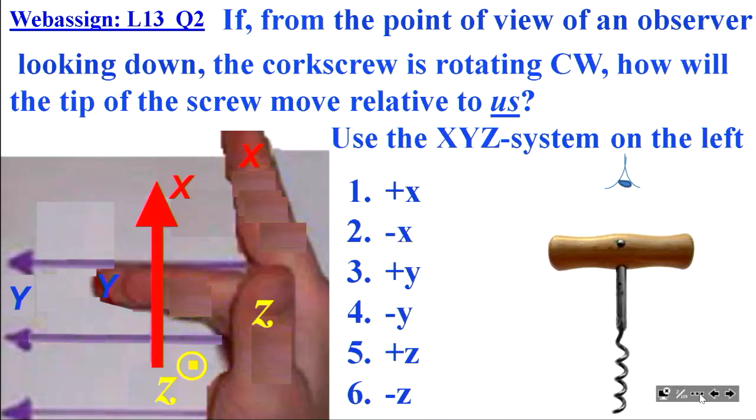And now you have to make a transition from this everyday experience into this abstract situation. And well, you have to imagine, first of all, what would you see if that would be you looking down at that corkscrew, which rotates clockwise.